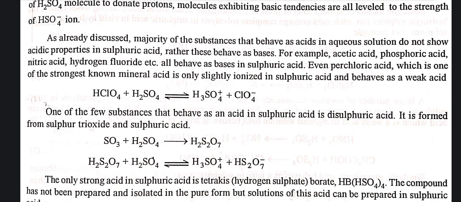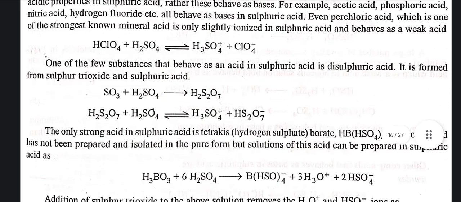It is formed from sulfur trioxide and sulfuric acid. The only strong acid in sulfuric acid is tetrakis(hydrogen sulfato)boric acid, that is H[B(HSO4)4]. The compound has not been prepared and isolated in the pure form, but solutions of these acids can be prepared in sulfuric acid.